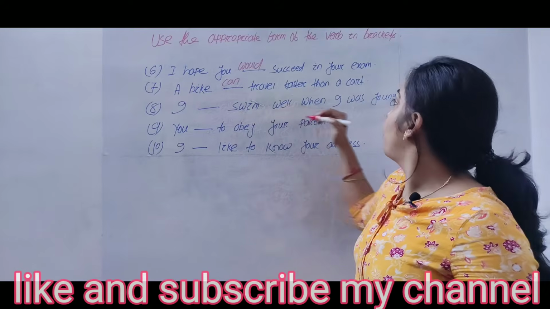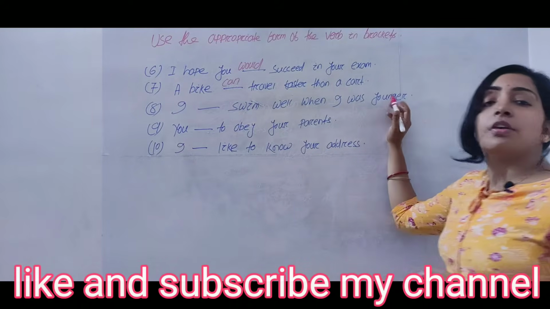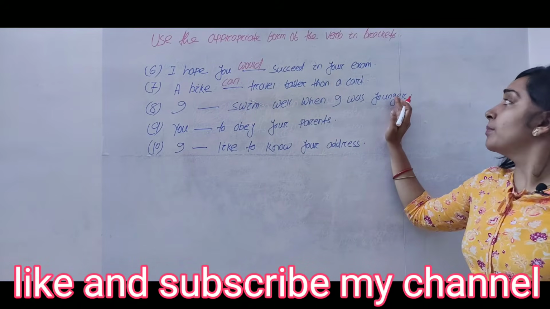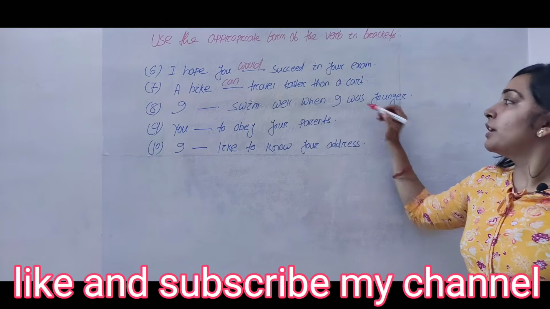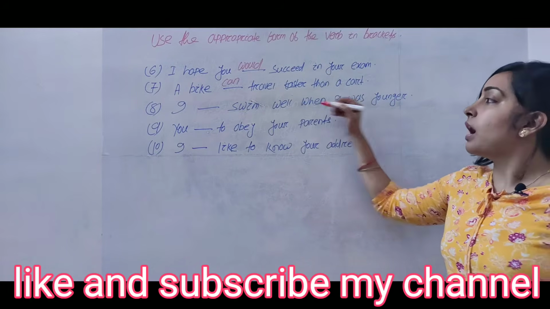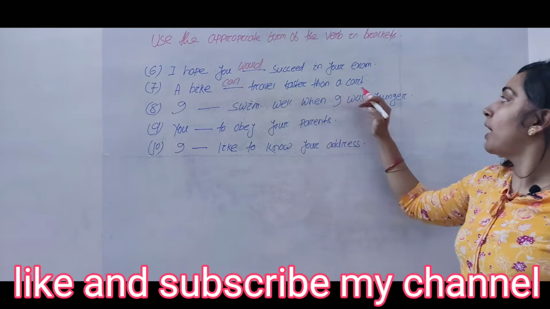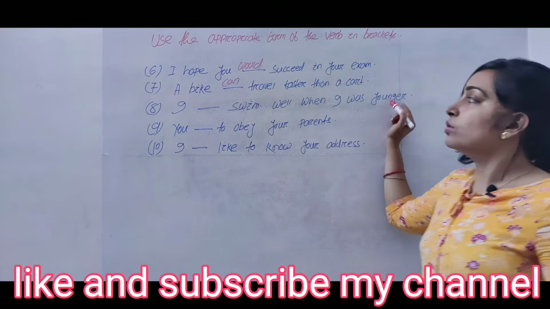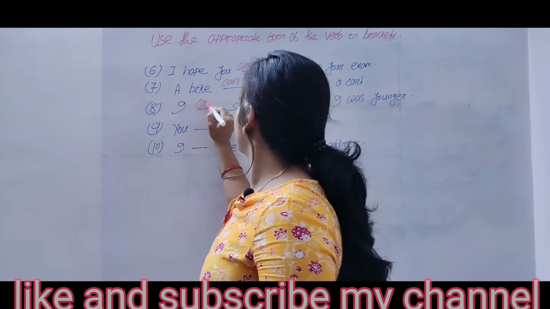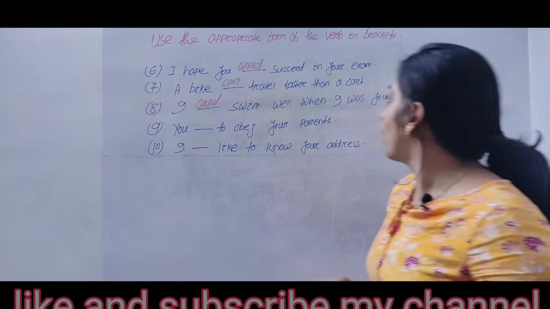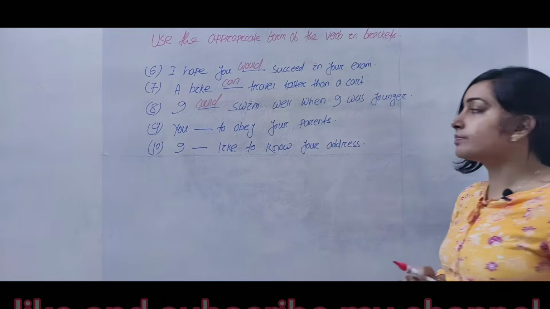I did swim well when I was younger. Here also it is ability, but here it refers to past tense. So the past form of can: I could swim well when I was younger.